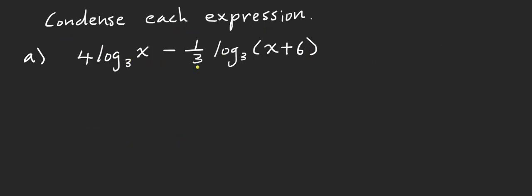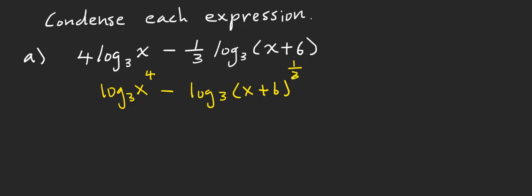Now we're going to condense each expression. So we're going backward. This is expanded, so we have to condense it. Using the power property, we're going to rewrite this as log base 3 of x to the 4th power minus, 1/3 will become the power, log base 3 of quantity x plus 6 to the 1/3.